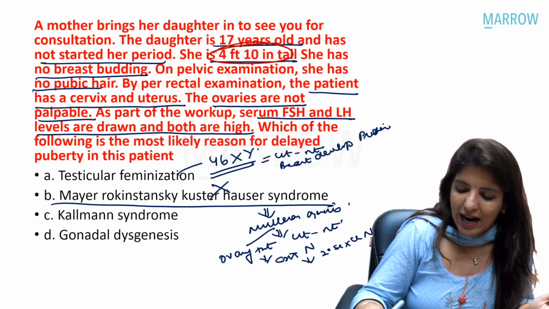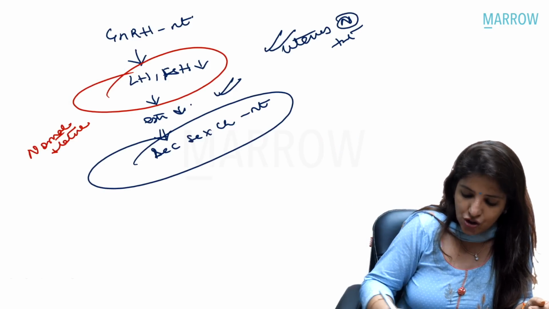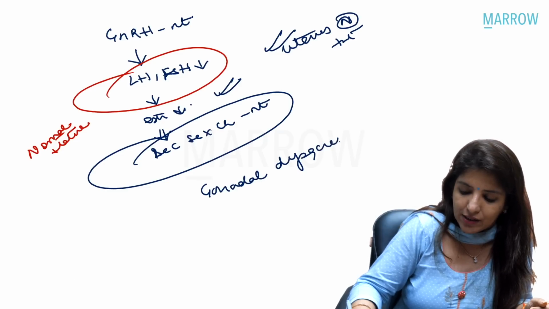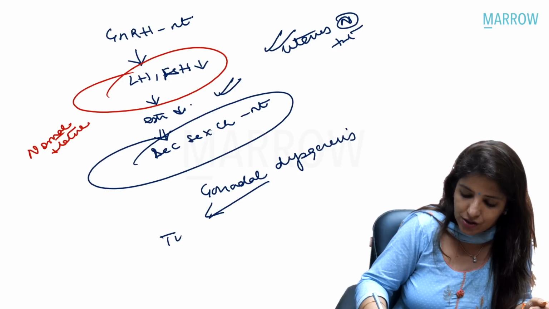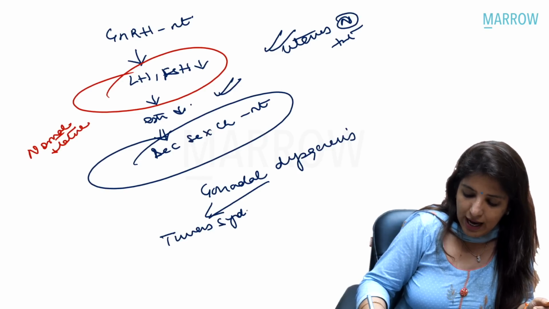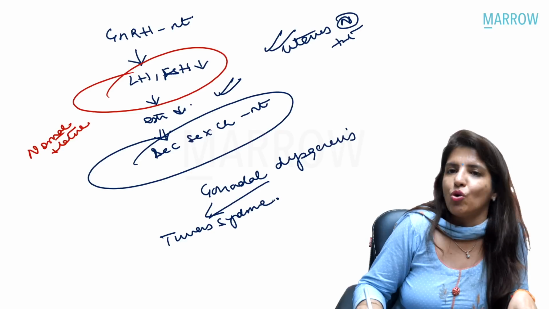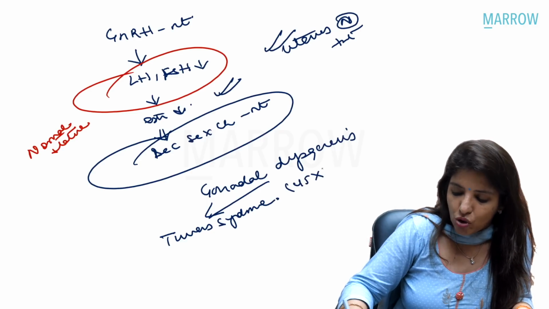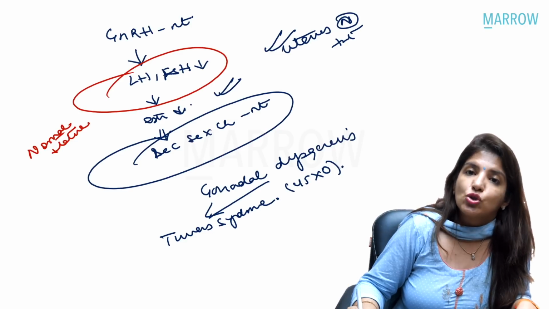Now last is gonadal dysgenesis. What is gonadal dysgenesis? A type of gonadal dysgenesis is Turner's syndrome. So whether I say gonadal dysgenesis or whether I say Turner syndrome, that's one and the same thing. Here the chromosome number is 45XO.